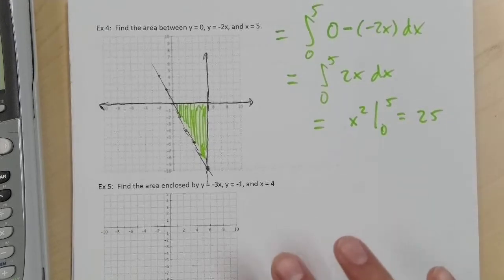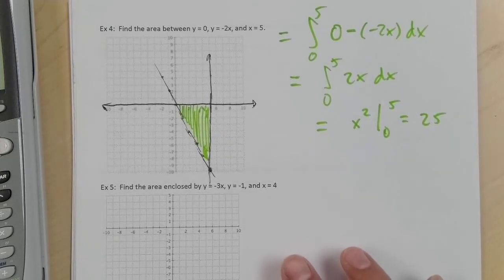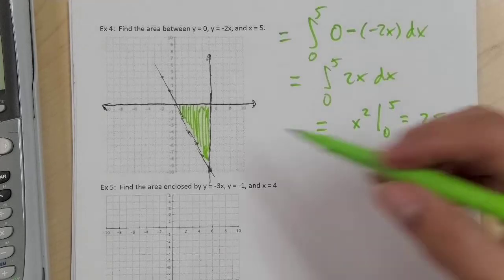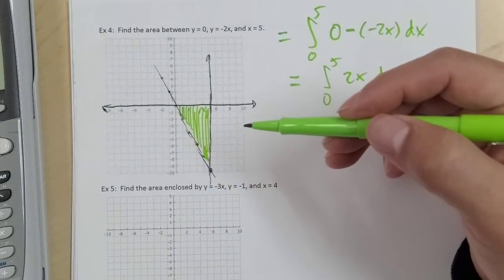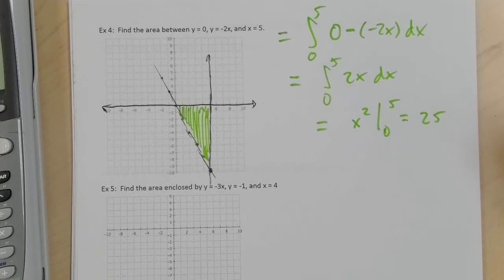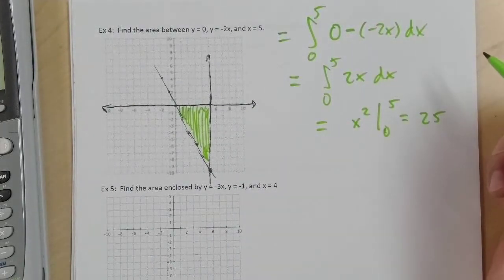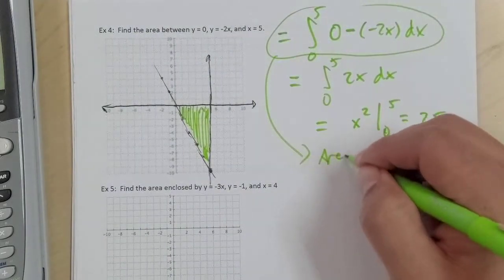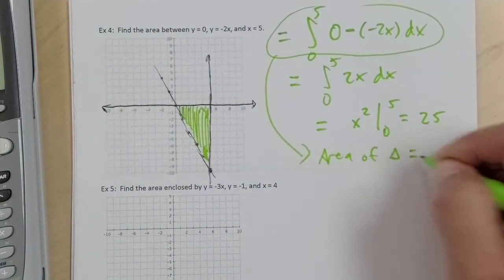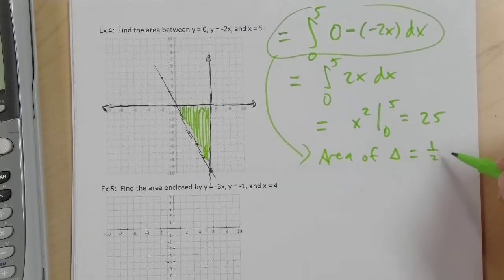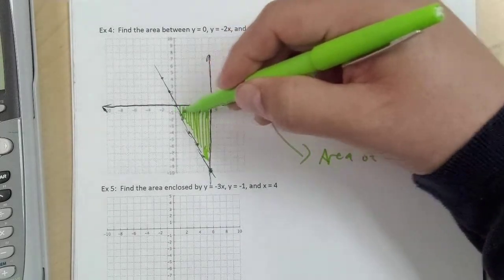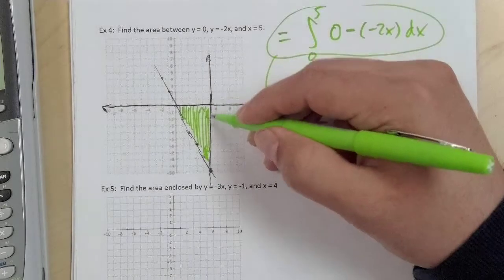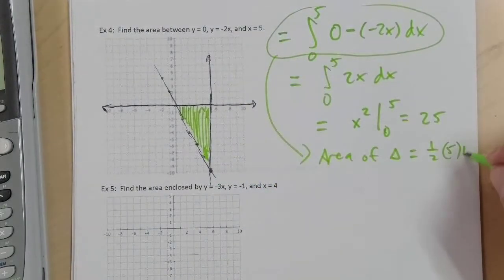So here's my next question. Did we have to do it that way to find the area? Yeah. This is just a triangle, right? So what else could you have done is this. Set up your integral and just say it's the area of the triangle. I know the area is 1/2, the base of the triangle is 5, the height is 10.